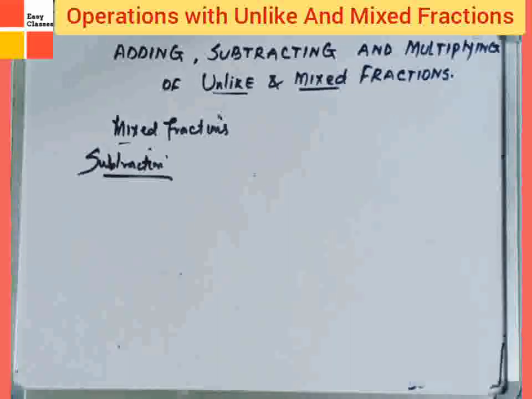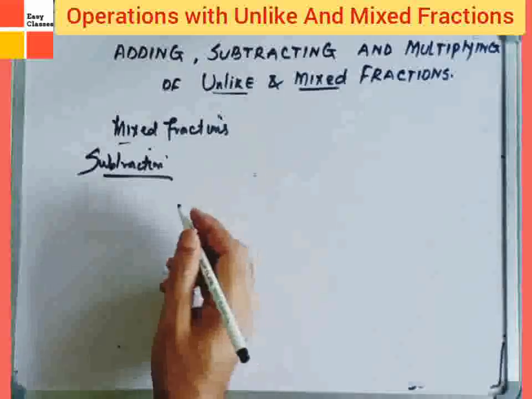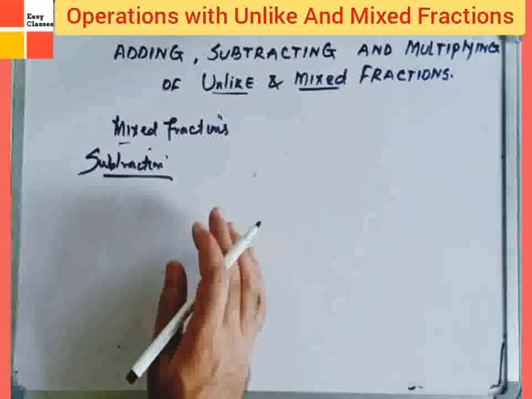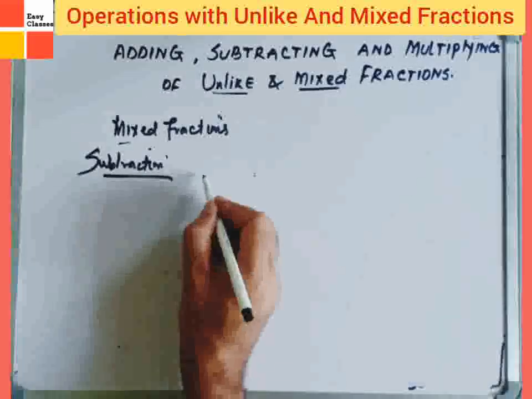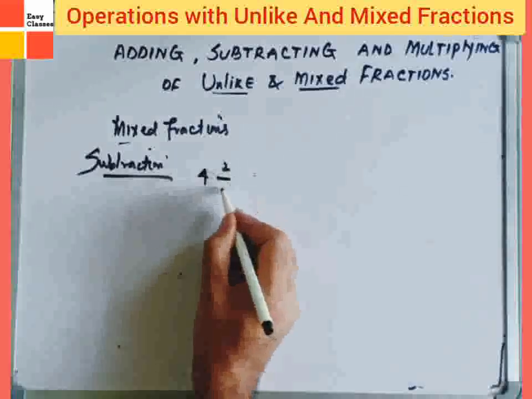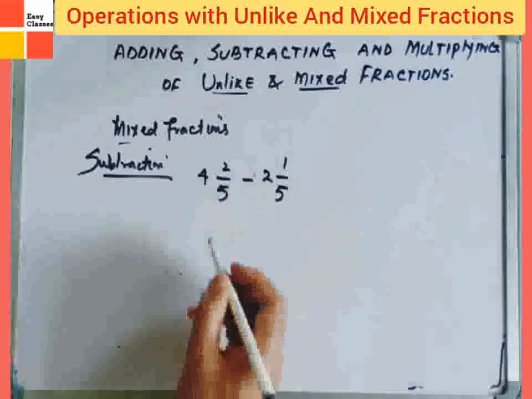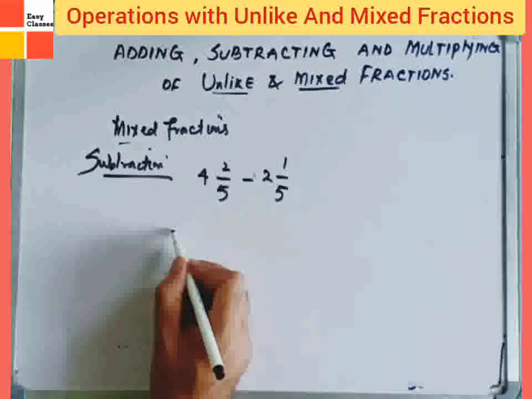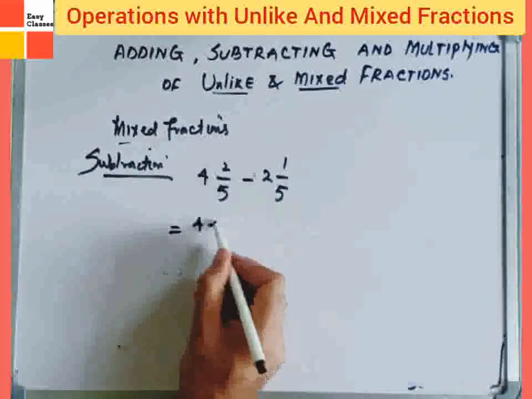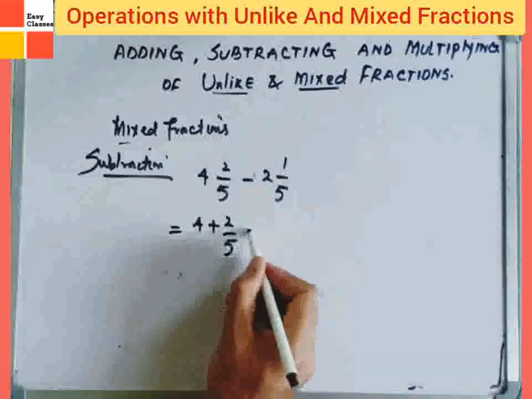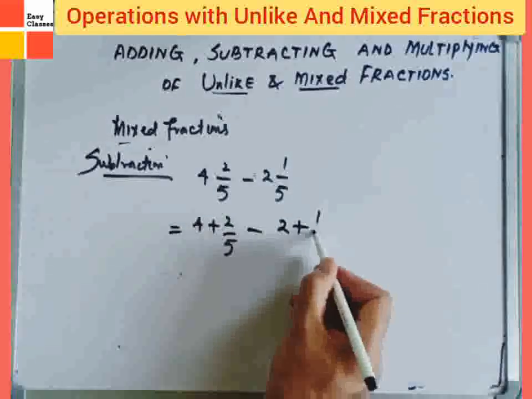Okay. So what about subtraction of mixed fractions? If you have to subtract two mixed fractions, say for example 4 2/5 minus 2 1/5. Okay, simply you have to do one thing. 4 plus 2 by 5, then there is minus 2 plus 1 by 5.